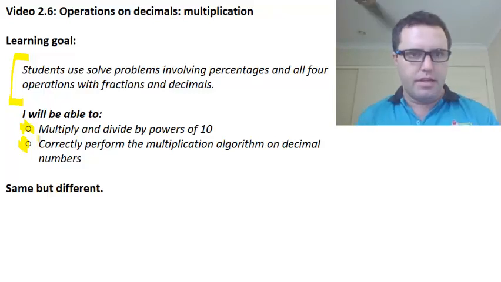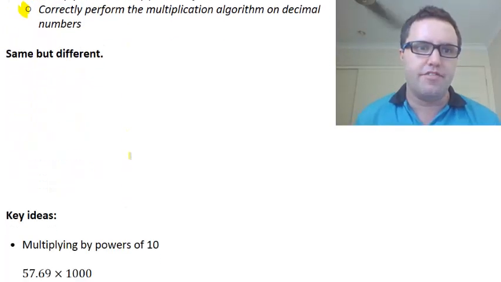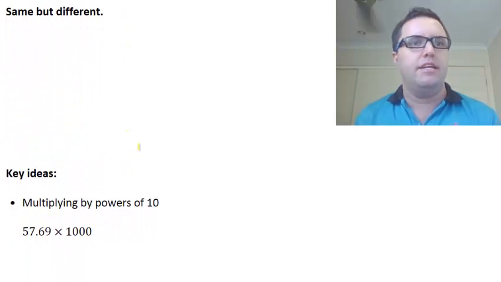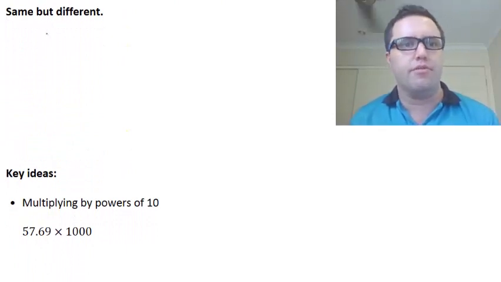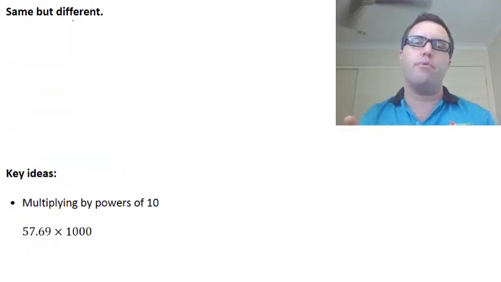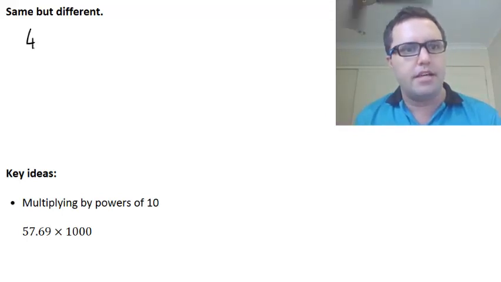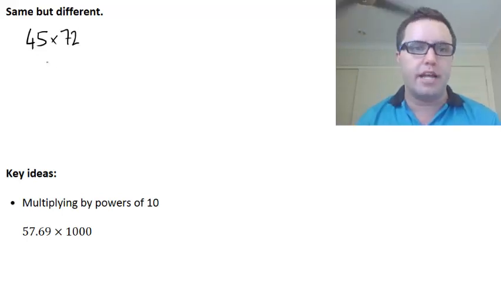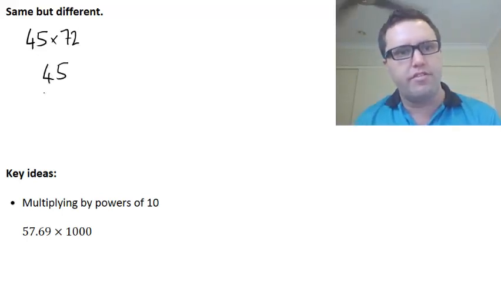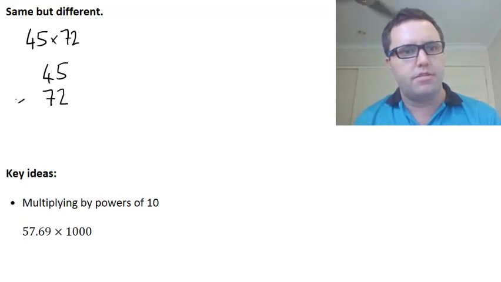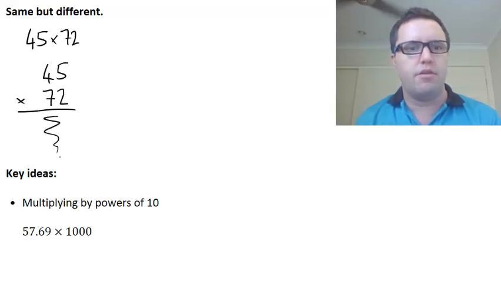Okay, same but different is our multiplication algorithm. So this is super important for us to think about. When we had, let's say, 45 times 72, you would set that up like this. You'd have 45 times 72 and you just go about your deal.